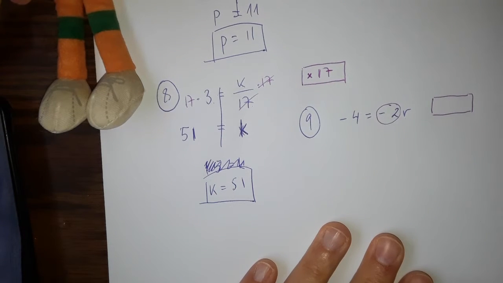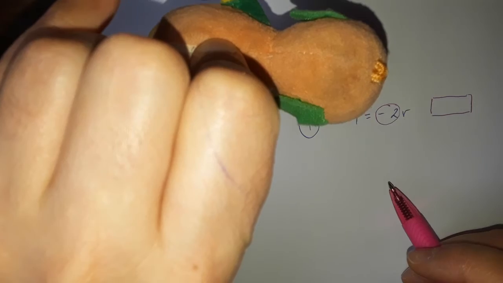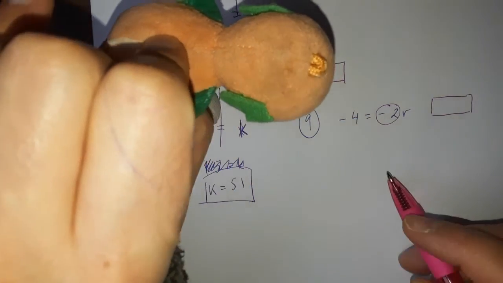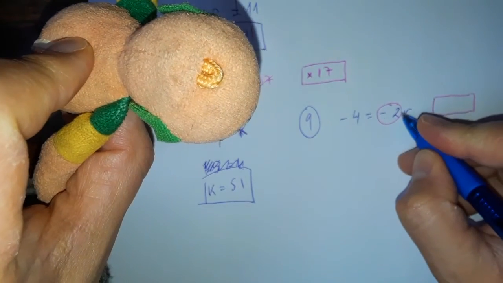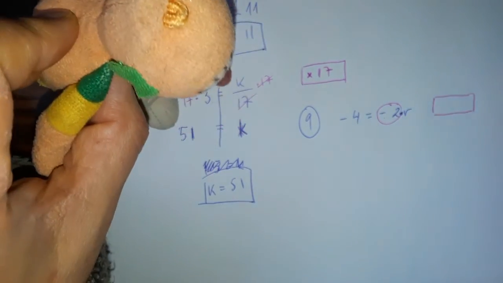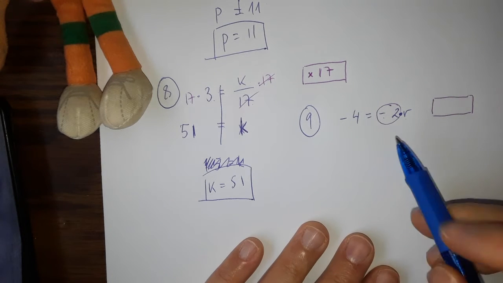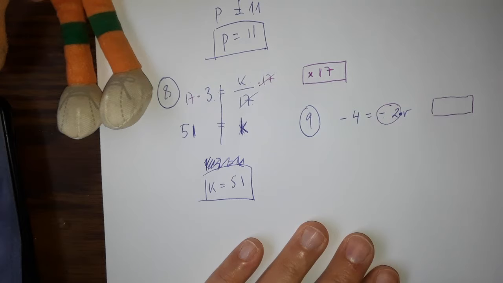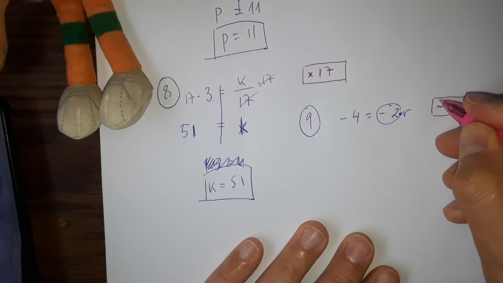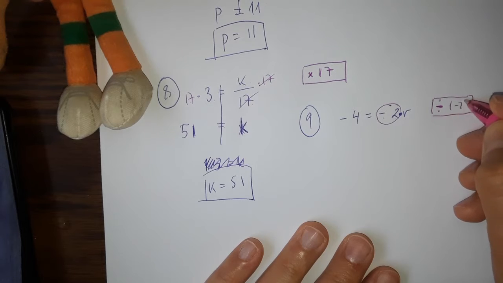This negative 2 doing what to R? Subtracting? No, it's not subtracting. This is just a negative. It's being multiplied. Look, here we have an invisible times, okay? So if we have times negative 2 and we want to get rid of this negative 2, what do we have to do? Dividing by negative 2. That's what we have to do, both sides.